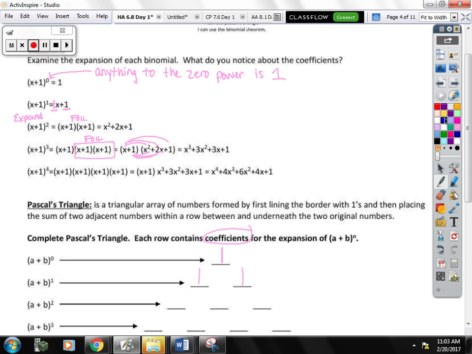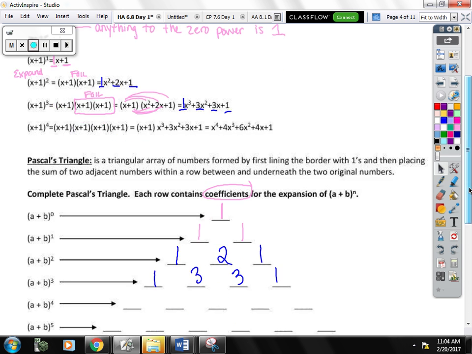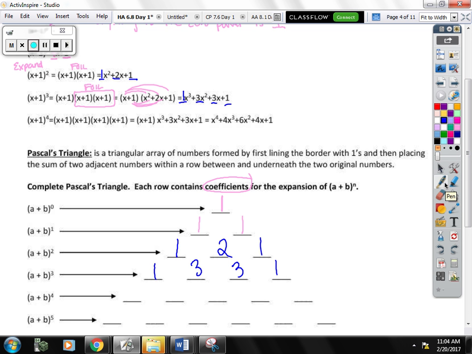Looking at the next one, x plus 1 squared, this would be 1, 2, and 1. The next one, our cube, was 1, 3, 3, 1. And the last one that we have is our fourth degree, which is 1, 4, 6, 4, 1.